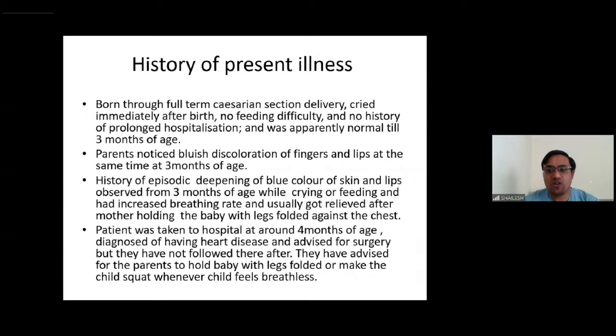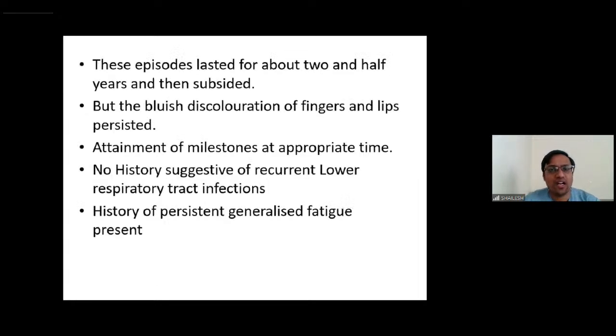Also, at the hospital, the doctors had advised the parents to hold the baby with the legs folded or to make the child squat whenever the child feels breathless or there is increased deepening of the bluish discoloration. These episodes lasted until about 2.5 years of age and then subsided. However, the bluish discoloration of the fingers and lips persisted.